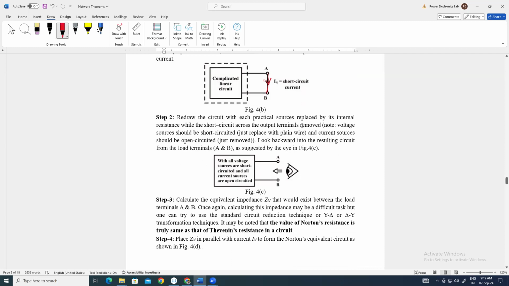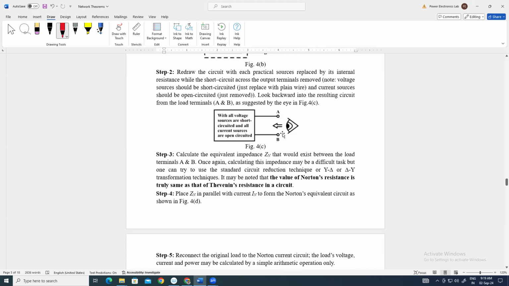Then in the second stage, we have to calculate the Norton equivalent impedance, that is Zn, and Zn is equal to Z equivalent, and that will be equal to ZTH. Okay, so the same procedure will be there. Across these two terminals only, we have to calculate the equivalent impedance.